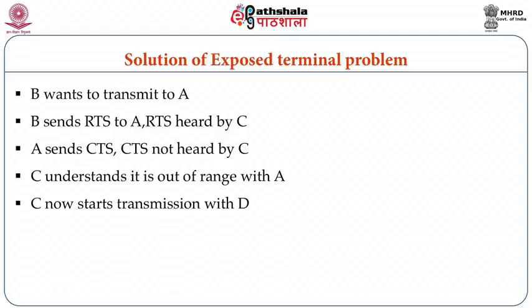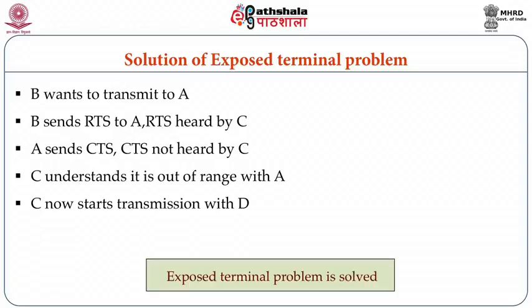So it sends RTS to D, and on receiving CTS from D, it starts transmitting. Exposed terminal problem is solved. So C does not have to wait unnecessarily for the transmission of B to stop.